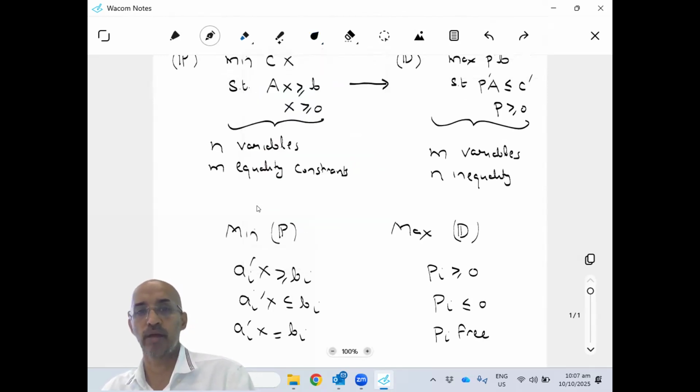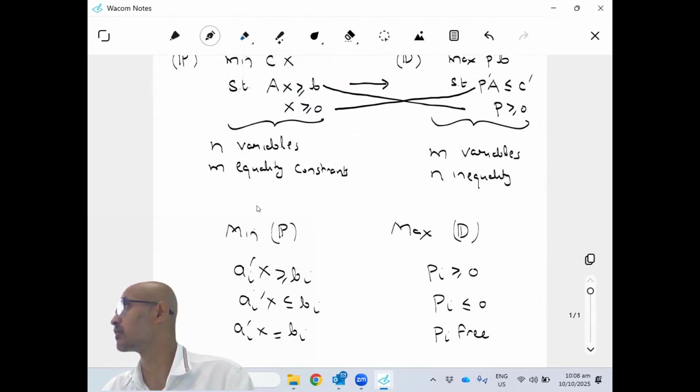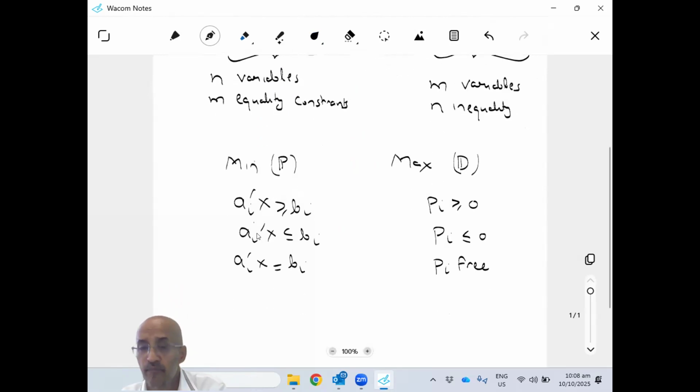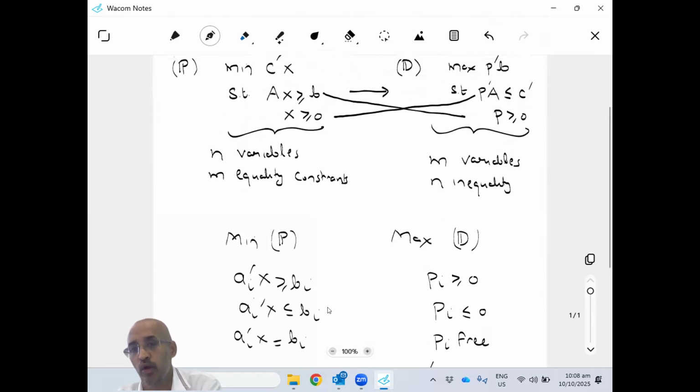Every primal constraint corresponds to a dual variable, and every dual constraint corresponds to a primal variable. Similarly, if for the dual my constraints are, let's say, P transpose A_j less than equal to c_j, then the primal variables have to be non-negative for a maximization problem.